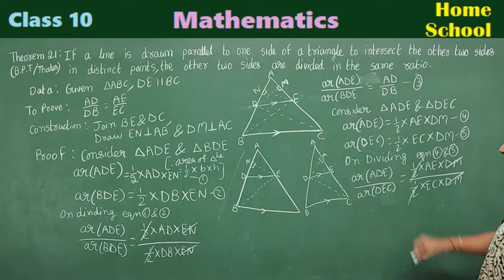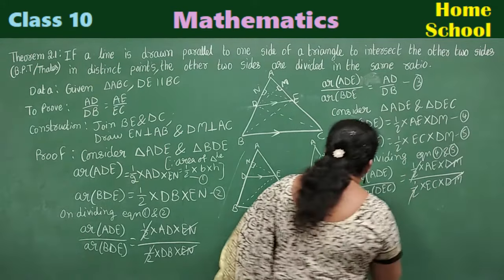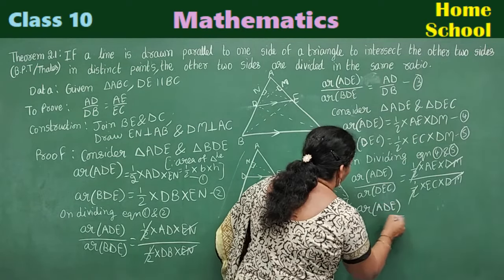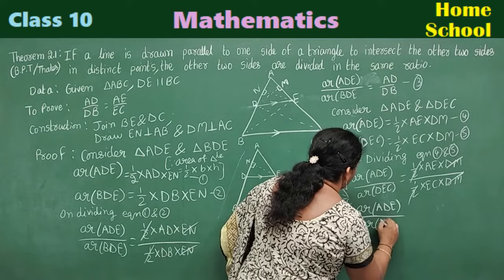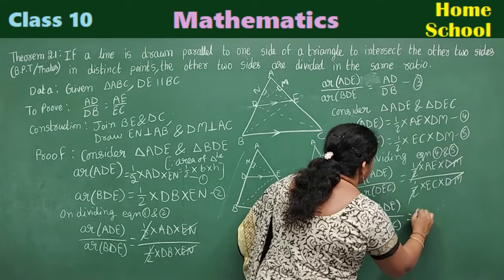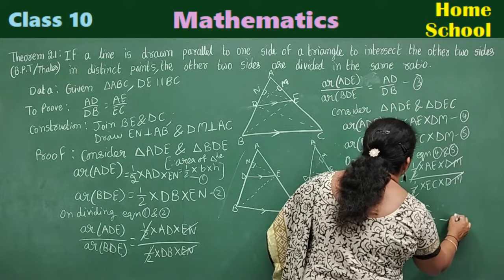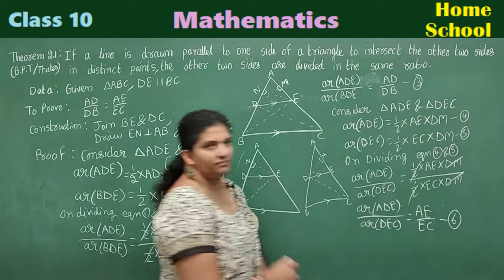DM cancel, half cancel. You are left with area of triangle ADE by area of triangle DEC is equal to AE by EC. Mark this as 6th equation.